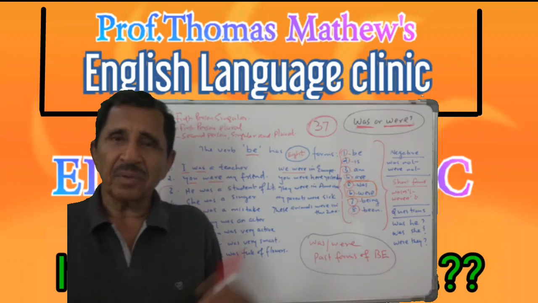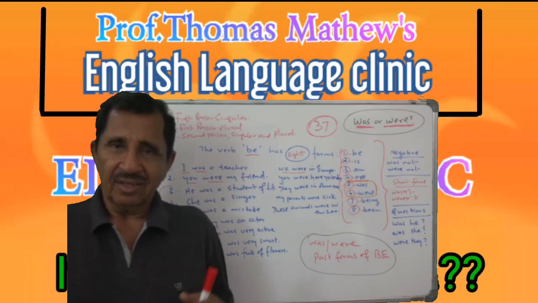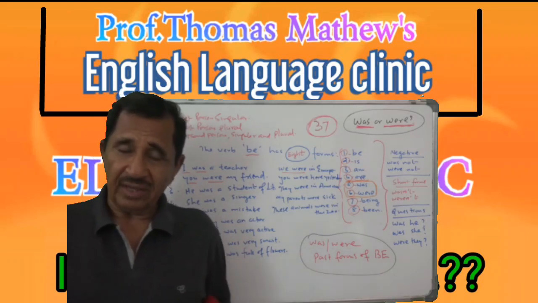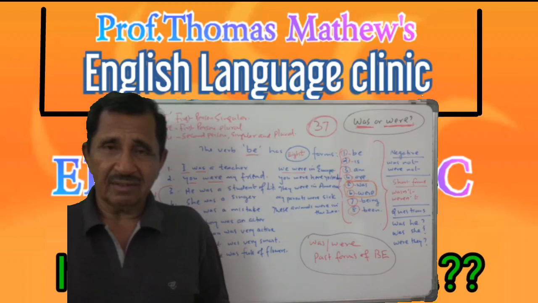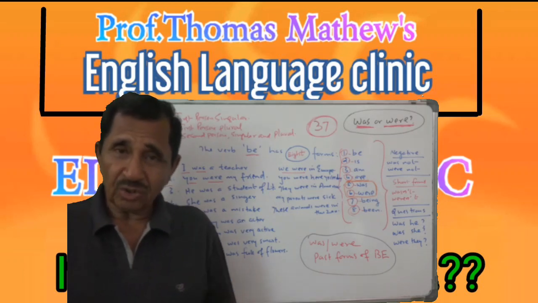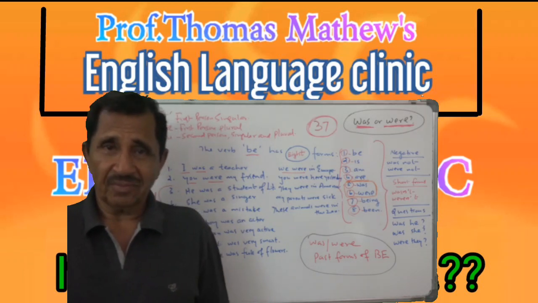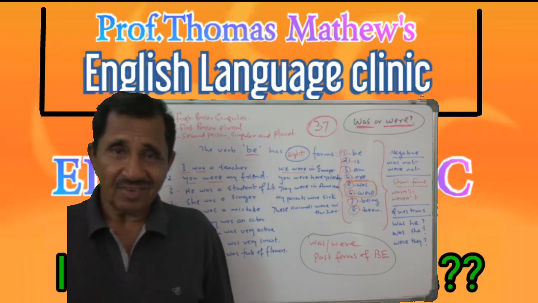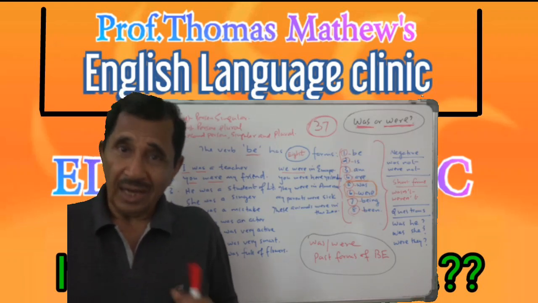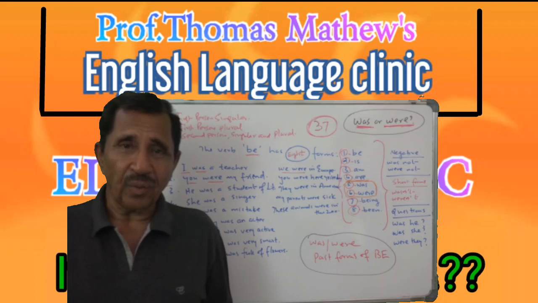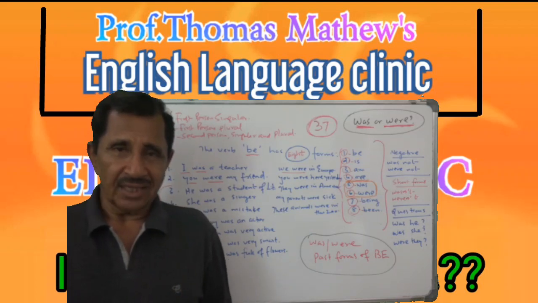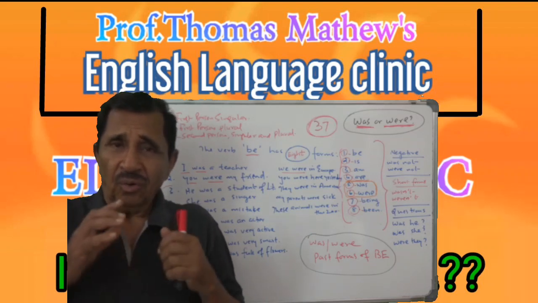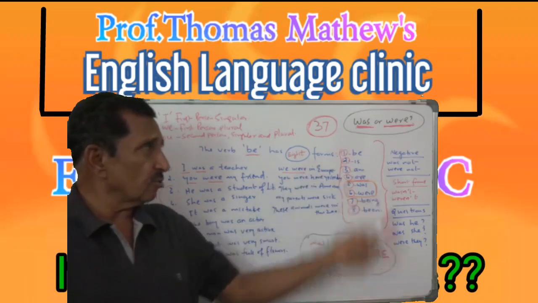Otherwise, plural: people were, my parents were, my teachers were, cats were, dogs were, tigers were, lions were. Understand?